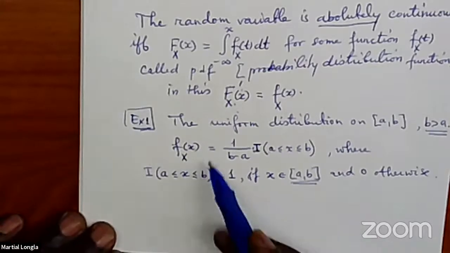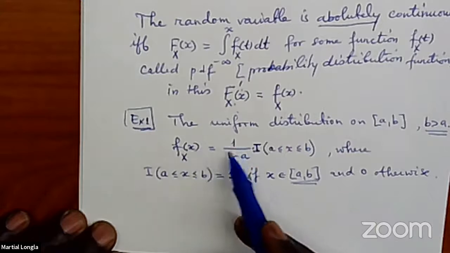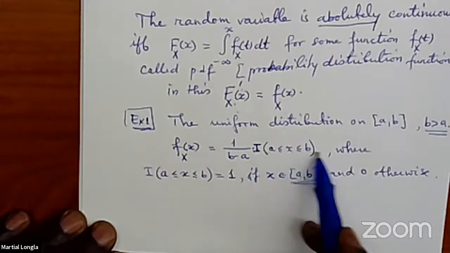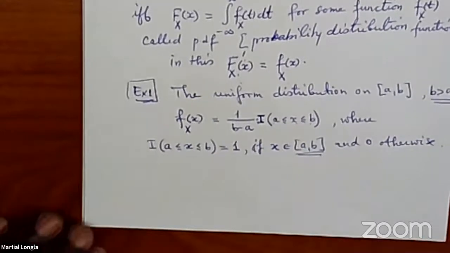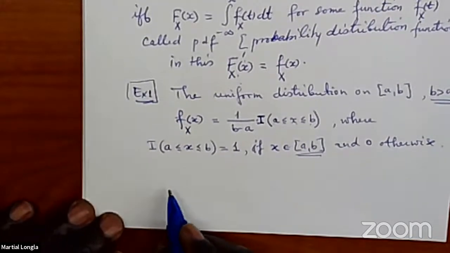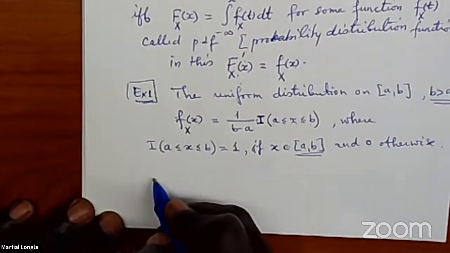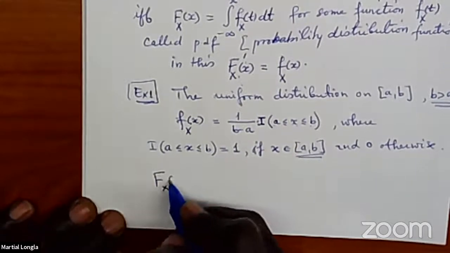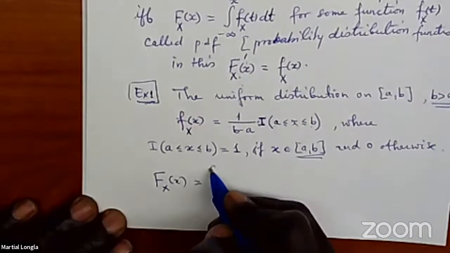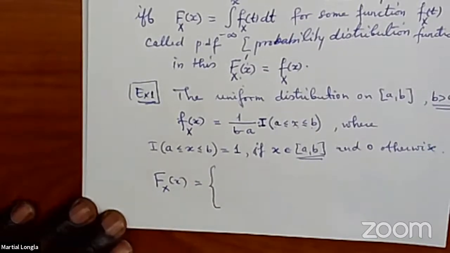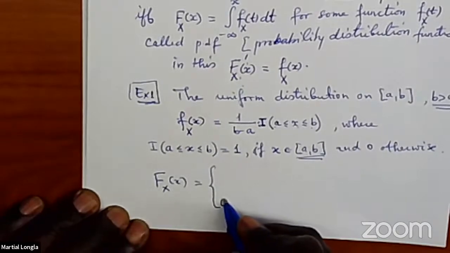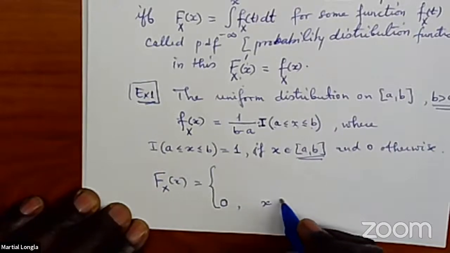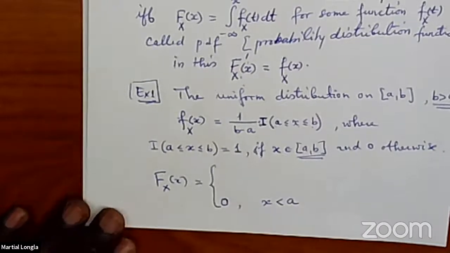So which technically means that this function is equal to 1 over b minus a for any x inside the interval, equal to 0 elsewhere. In this case, capital F_X of x equals, if x is less than a, then 0 for x strictly less than a.